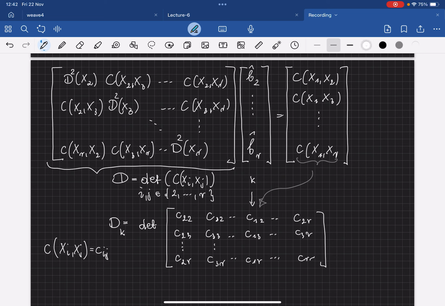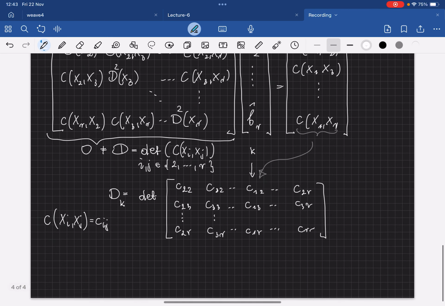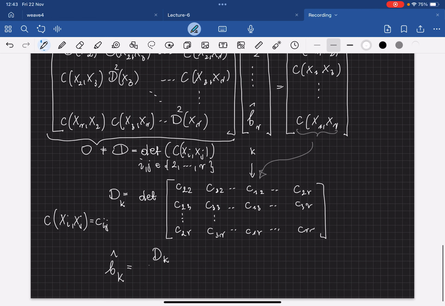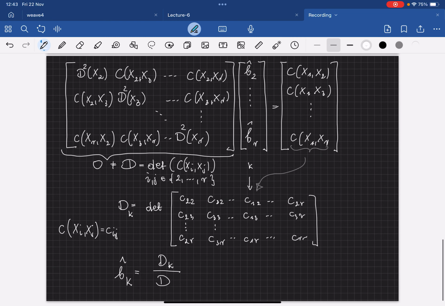Provided the main determinant is different from 0, we get the formula for B's. So Bk is Dk divided by D. To make things a little bit more homogeneous, I will use the full covariance matrix for the full set of variables starting from 1.